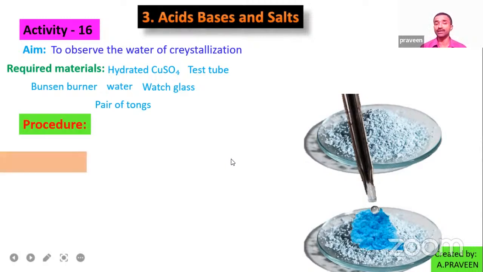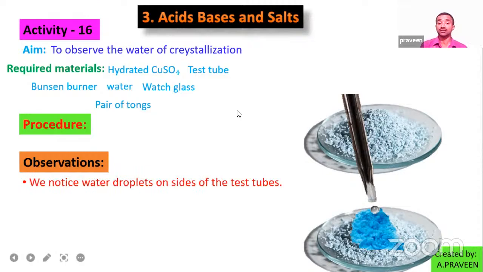So what are the observations you made? On heating, water droplets formed on the side walls of the test tube. Then I added a few droplets of water on the heated copper sulfate.